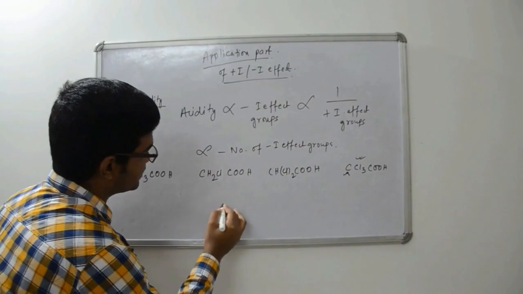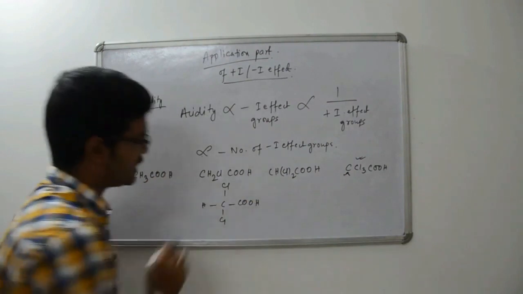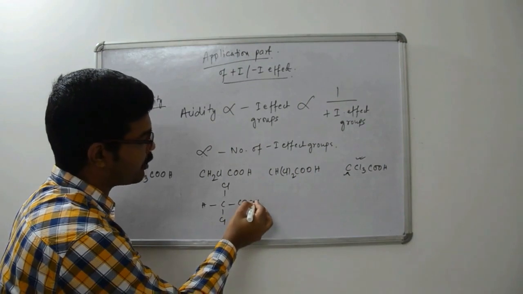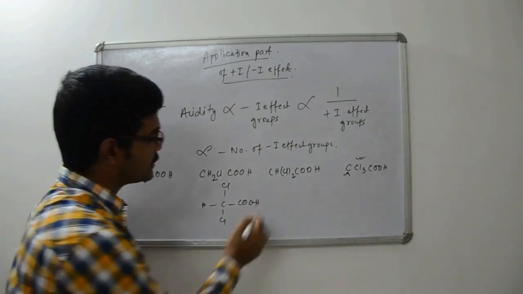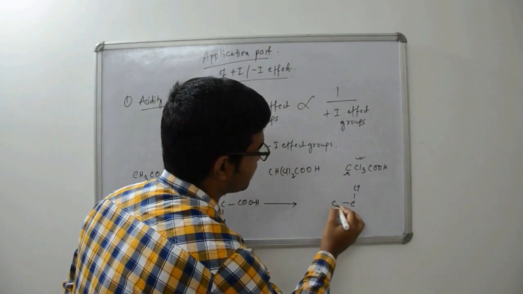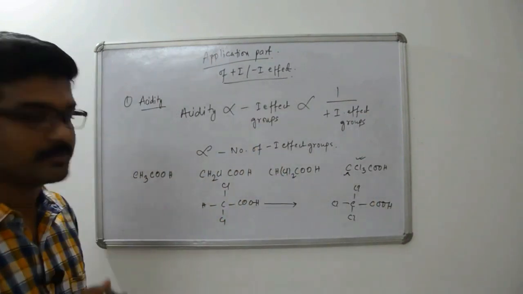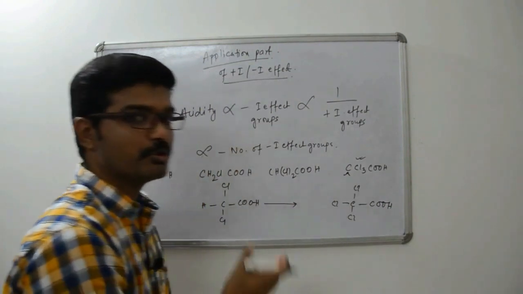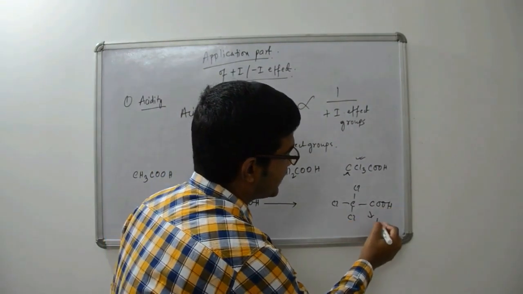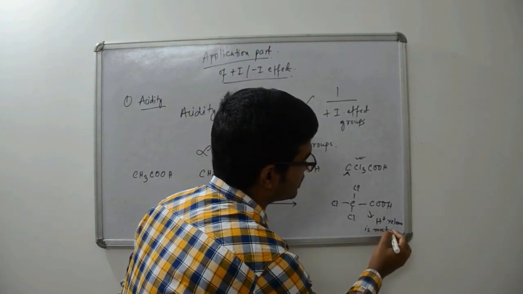Right? If we see the structure, we will see that these chlorine atoms withdraw electron and thus make this OH bond more polar. So as we move from left to right, here in this alpha carbon we have 3 electron withdrawing chlorine atoms. So these 3 chlorine atoms will draw more electron from this bond, and hence in this case H plus release is easiest.